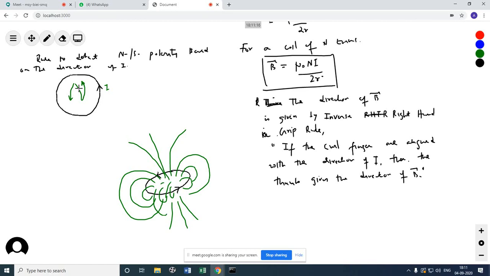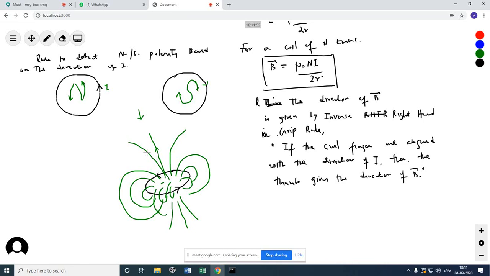They will be in the form of concentric circles like this, and similarly here and so on. There are magnetic field lines coming out this way also, and like these, and so on. This is a straight line going out.